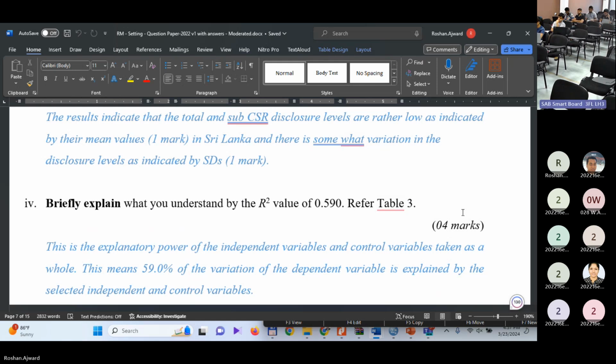What's R squared? The explanatory power of the selected 11 independent variables over the dependent variable. The board characteristics and the control variables, all 11, would explain only 59% of the CSR disclosure of the listed companies. So that's the answer there.